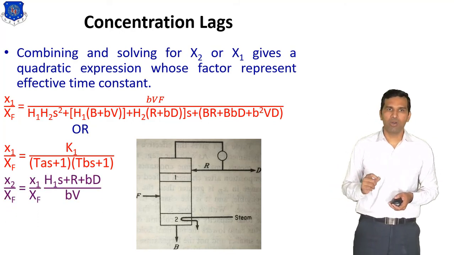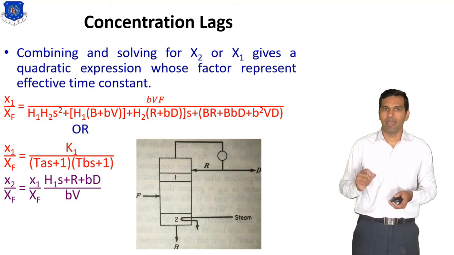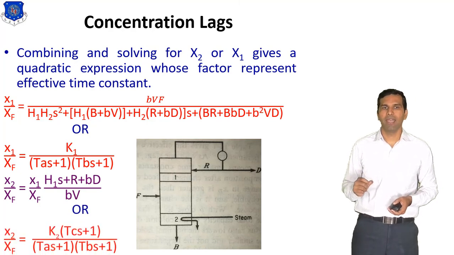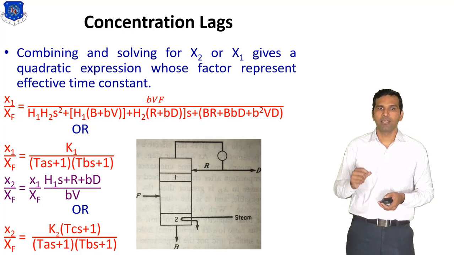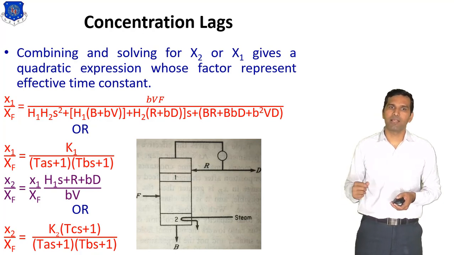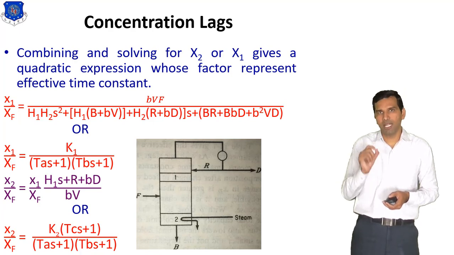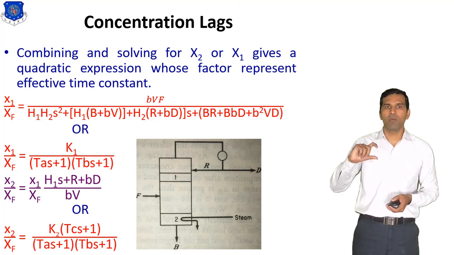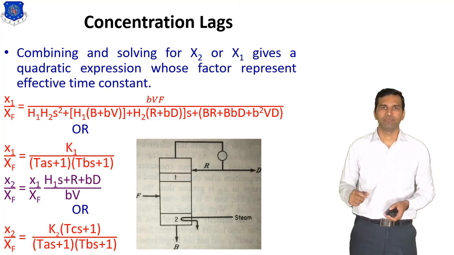So x2/xf we can write as x1/xf times (H1 s plus R plus bD)/(Bb), or as x2/xf equals K2 (Tc s plus 1)/((Ta s plus 1)(Tb s plus 1)). So this is the value of x1/xf and x2/xf.